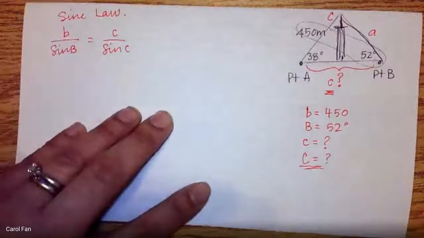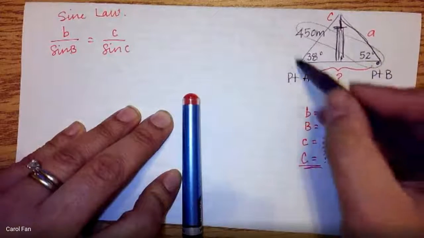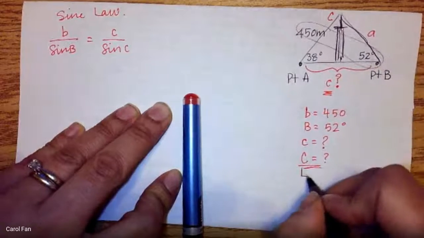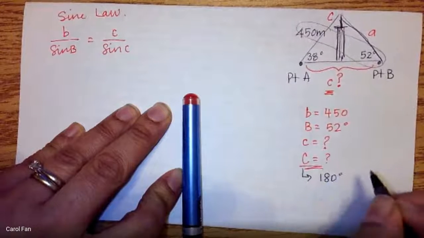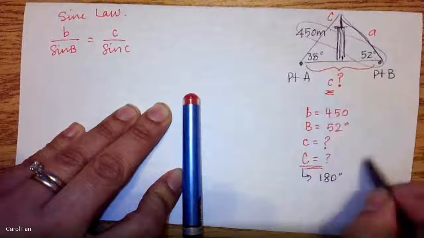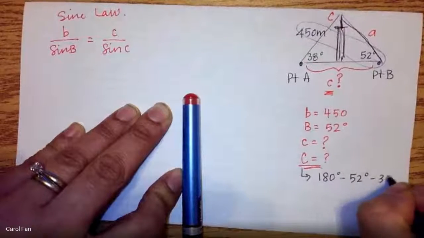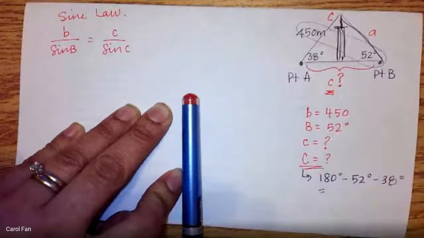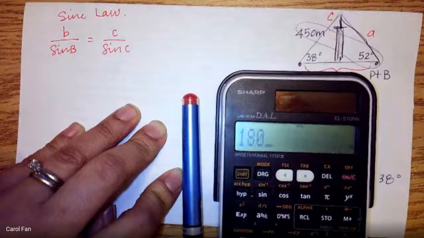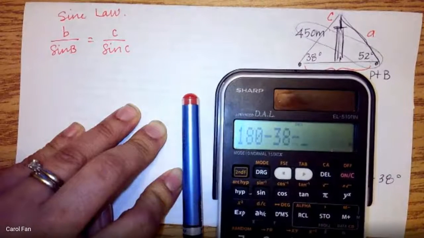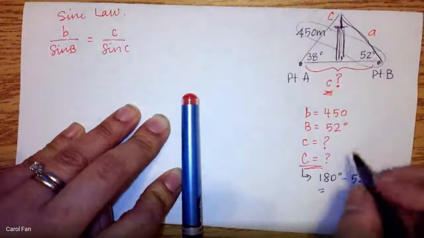But I'm able to find what capital C is because I know that a triangle always adds up to 180 degrees. So I can say if I took 180 and subtracted the two given angles, I'm going to find my angle here. Let's do 180 minus 38 minus 52, and that gives us 90 degrees.